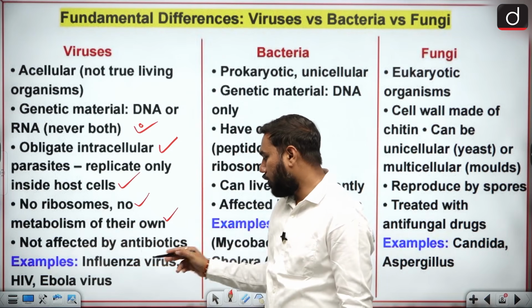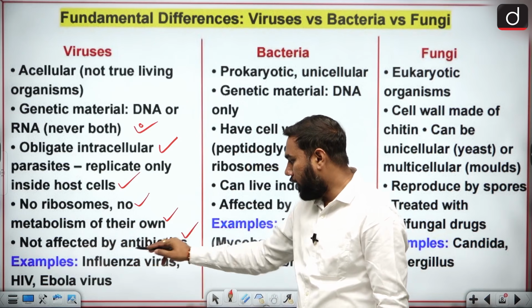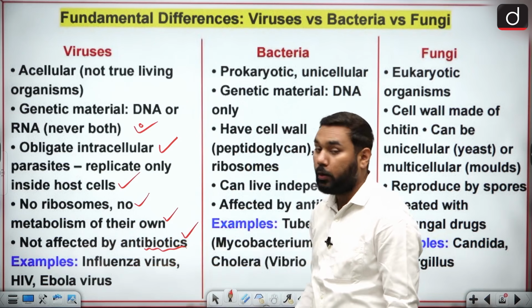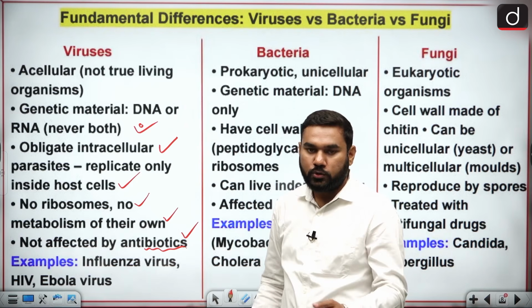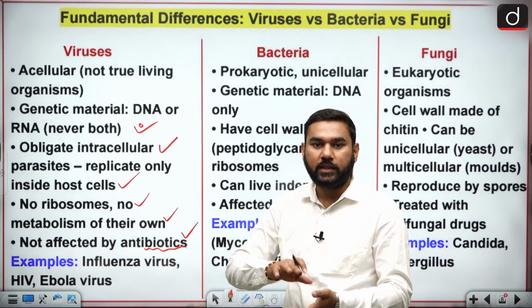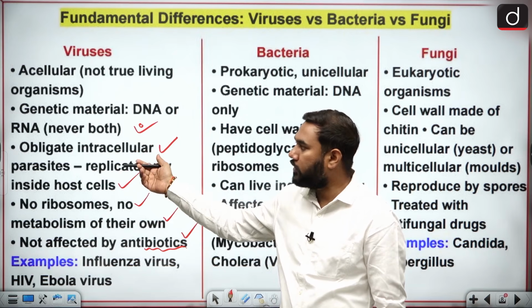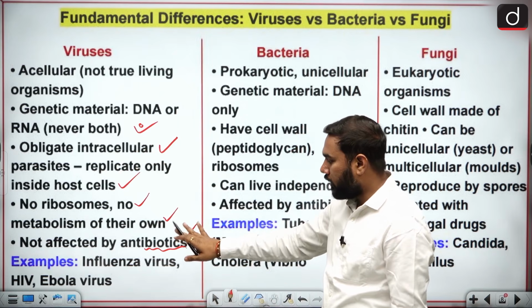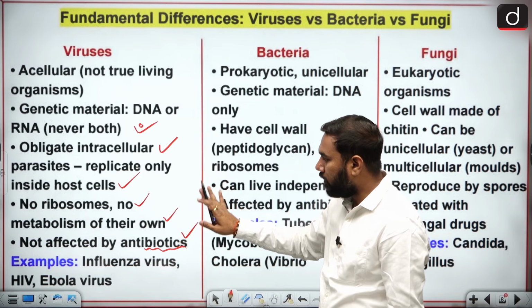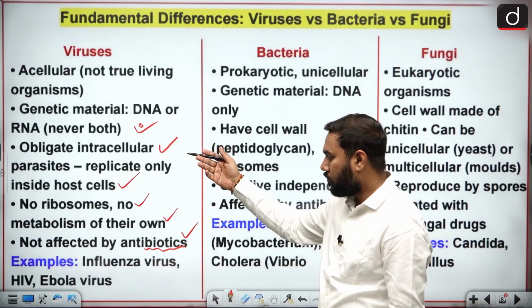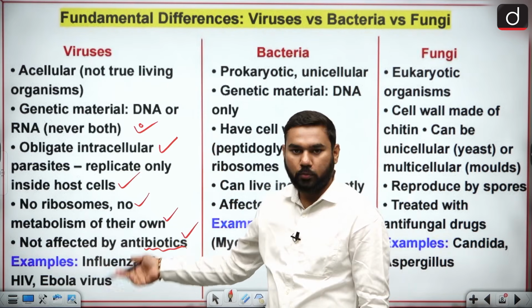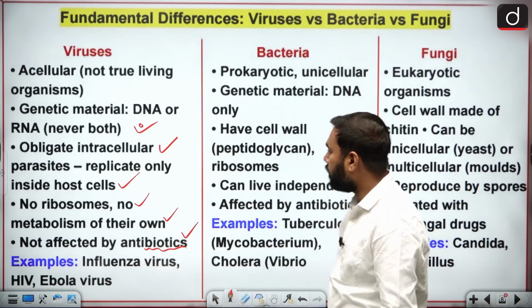And there is no effect of antibiotics, because antibiotic has the word biotic, meaning life. So antibiotic is the medicine which is against life, and this one doesn't have life. It is an abiotic structure, and that's why antibiotic medicine cannot have any effect on the virus. Influenza virus, HIV, Ebola virus are the examples.